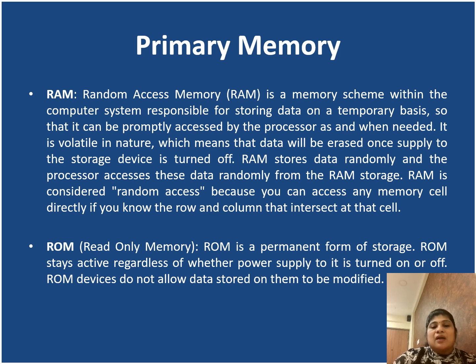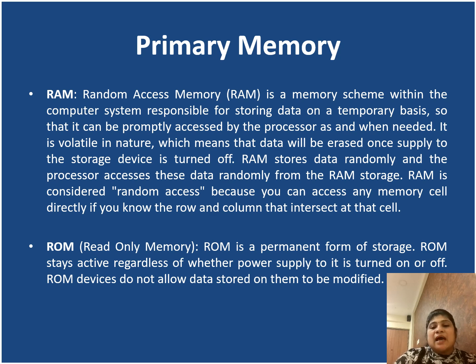Firstly, RAM. RAM is random access memory. It is the memory scheme in the computer system responsible for storing data on a temporary basis so that it can be promptly accessed by the processor as and when needed. It is volatile in nature, which means that the data is lost from the storage devices after the computer is turned off.